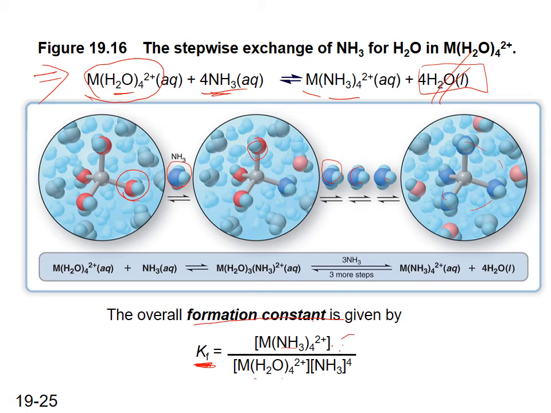The product is the ammonia complex, and the reactant is the metal hydrate. Therefore, Kf is a measure of the ability of the ligand to replace water. So the larger the Kf, the more the reaction goes to the metal complex of the ligand. The smaller means the reaction may favor the metal hydrate.